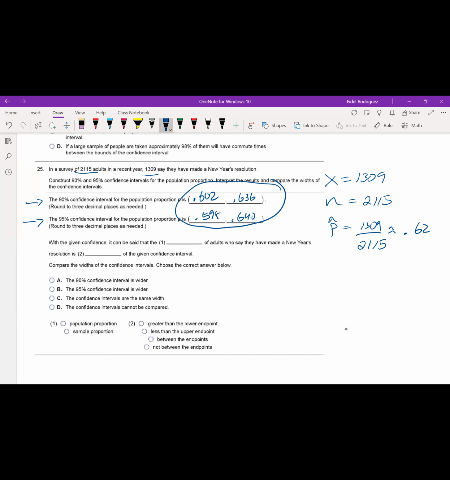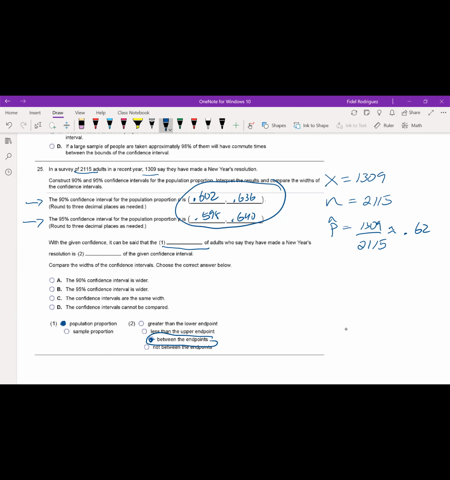And it says, with a given confidence, it can be said that the population proportion, we're always thinking about population proportion, y'all, of adults who say they made a New Year's resolution is between the endpoints. It's always going to be between the endpoints right here.